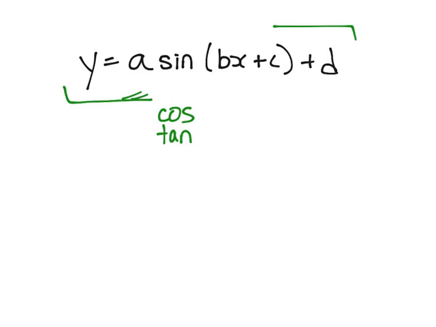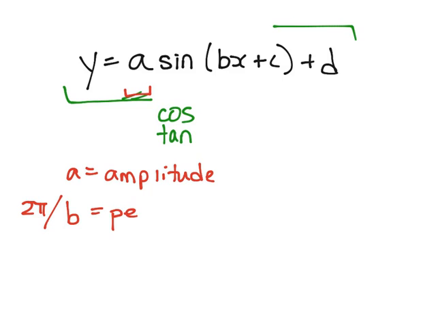A, in this formula, will give you the amplitude of your function. B gives you the period of the function, specifically 2 pi over b is the period.